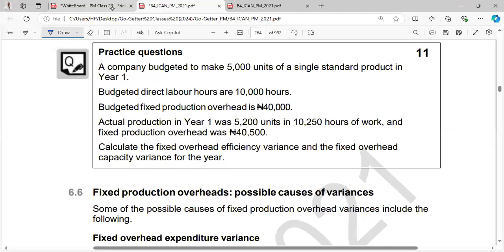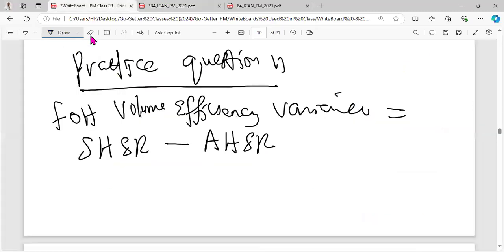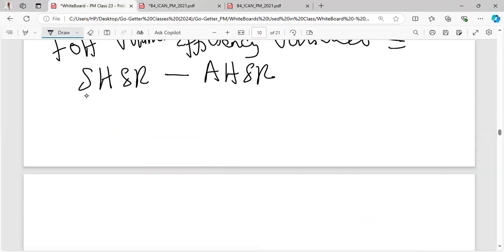So standard hours is 10,000 hours divided by 5,000 units. That is the rate we are supposed to do. All the 5,000 units are supposed to take 10,000 hours. You need to know it for one.